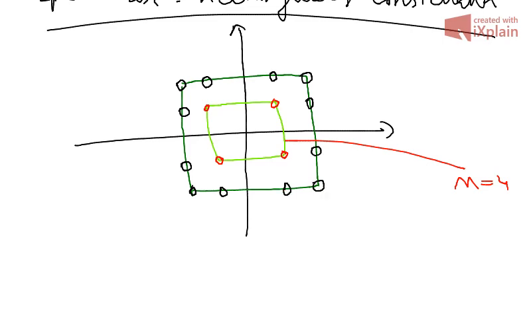Now if you observe here, for M equal to 16 we have 4 points in the first quadrant. Similarly, 4 points in the second quadrant, 4 points in the third quadrant, and 4 points in the fourth.